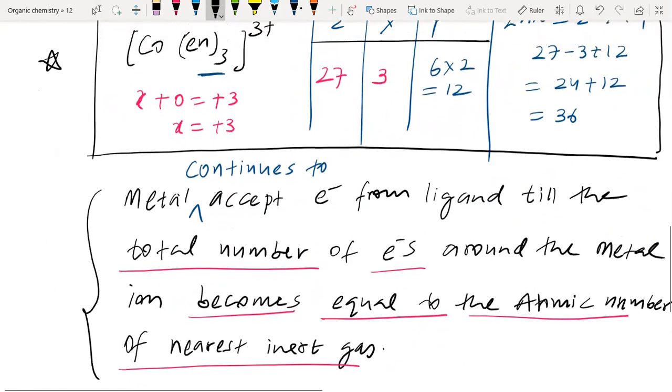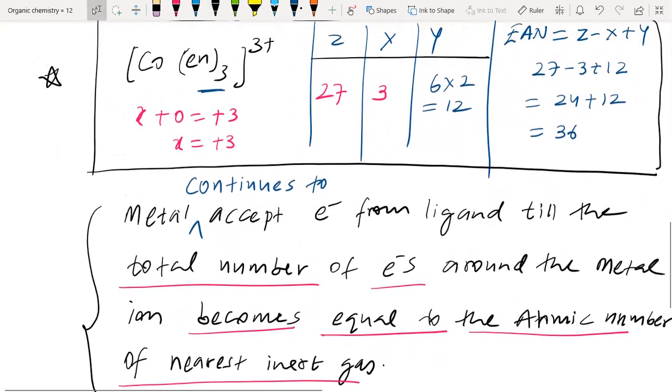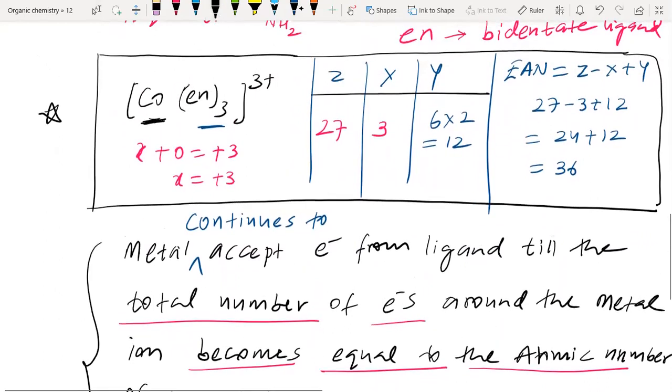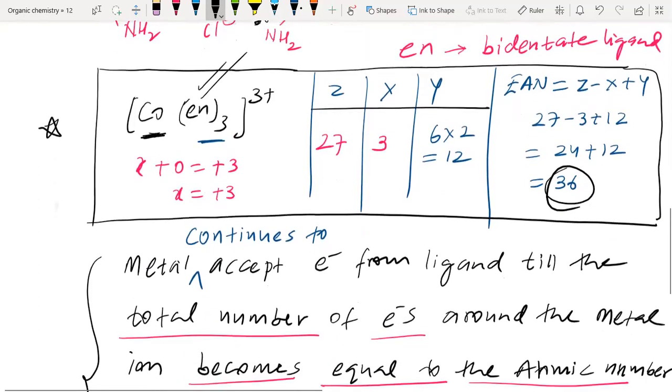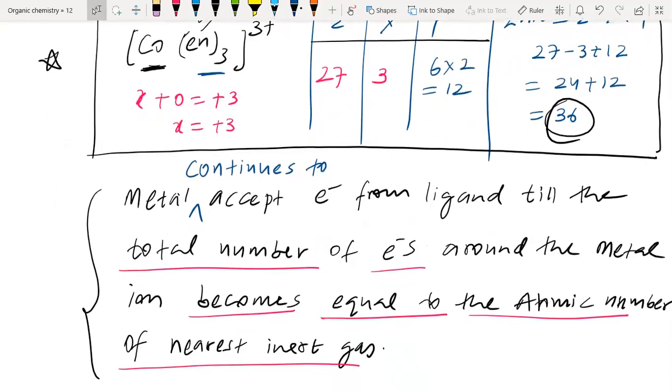Every metal ion, that is a d-block element, as you see, cobalt, continues to accept electrons from ligand till the total number of electrons around it becomes equal to the atomic number of the nearest inert gas. Thank you very much.